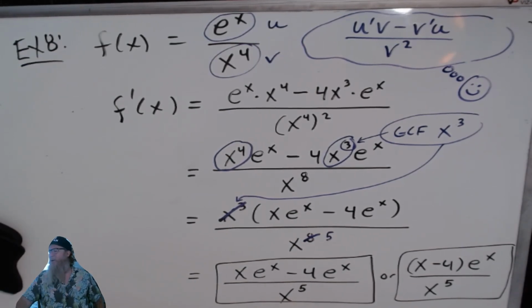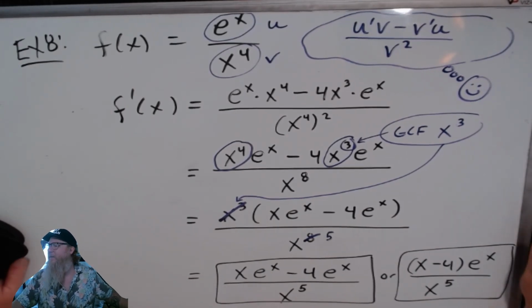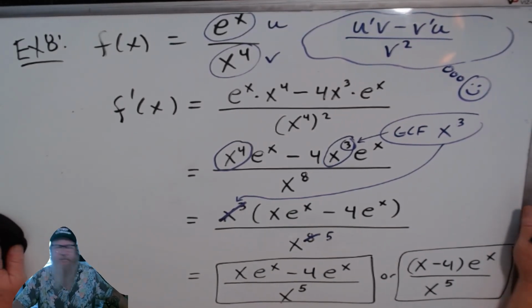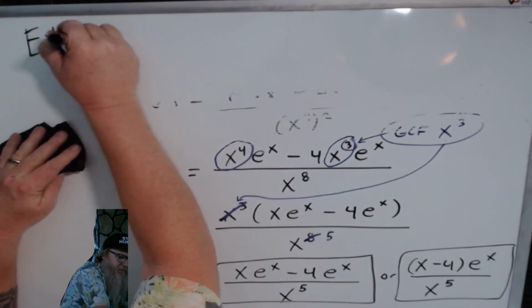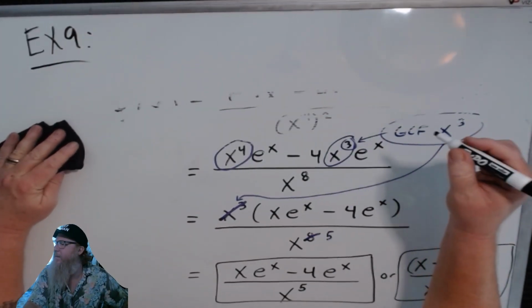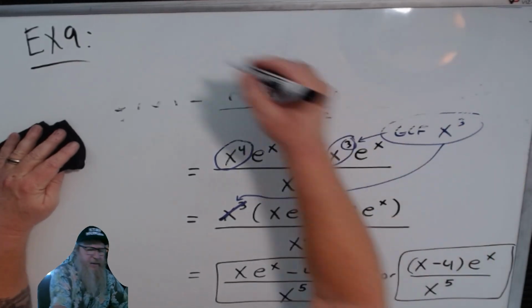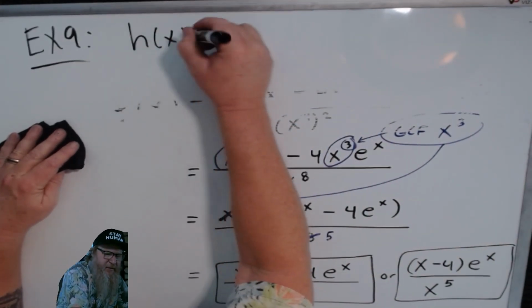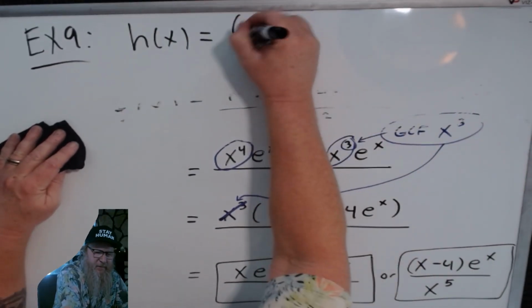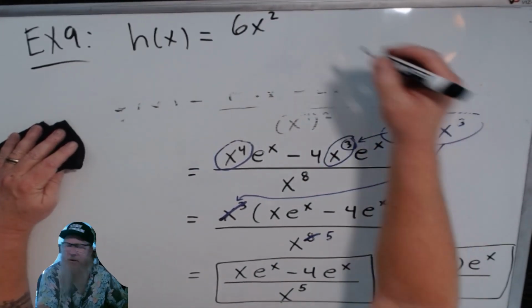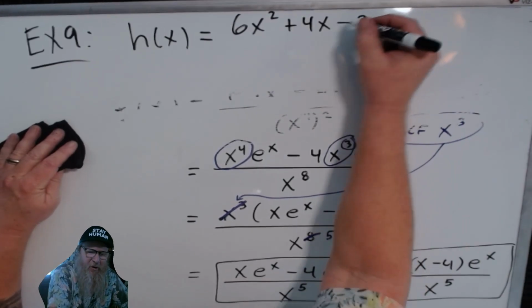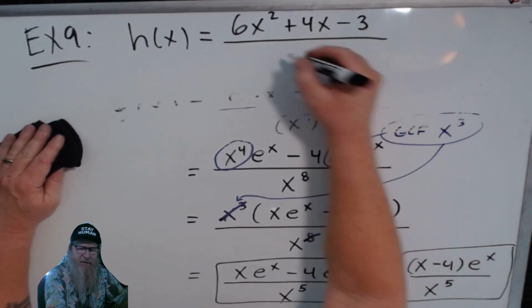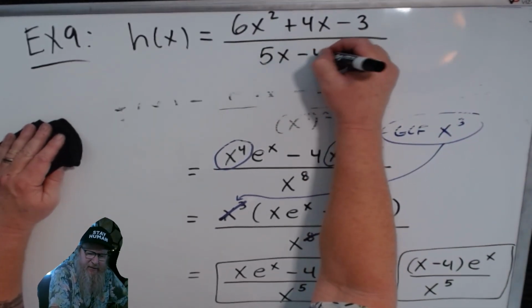Let's do one that you don't have to simplify. Example 9. Something like this. I think we're ready for an exhibition of the formula without having to clean up our mess.